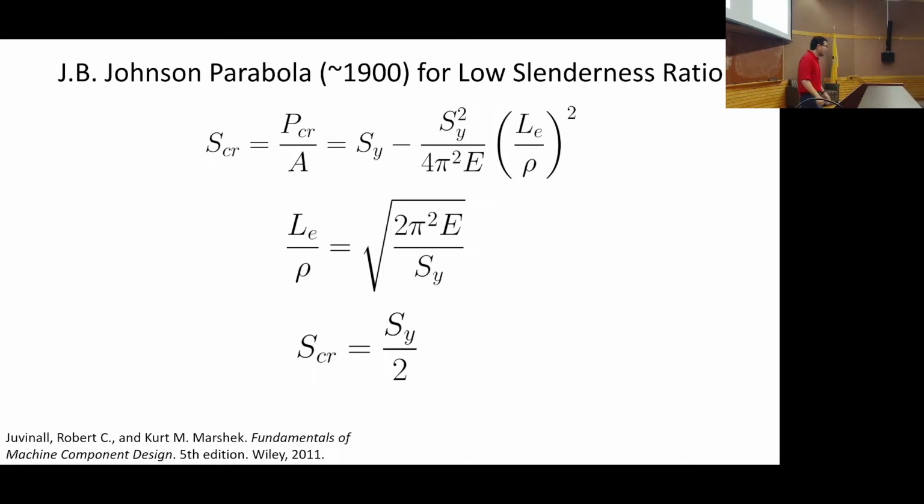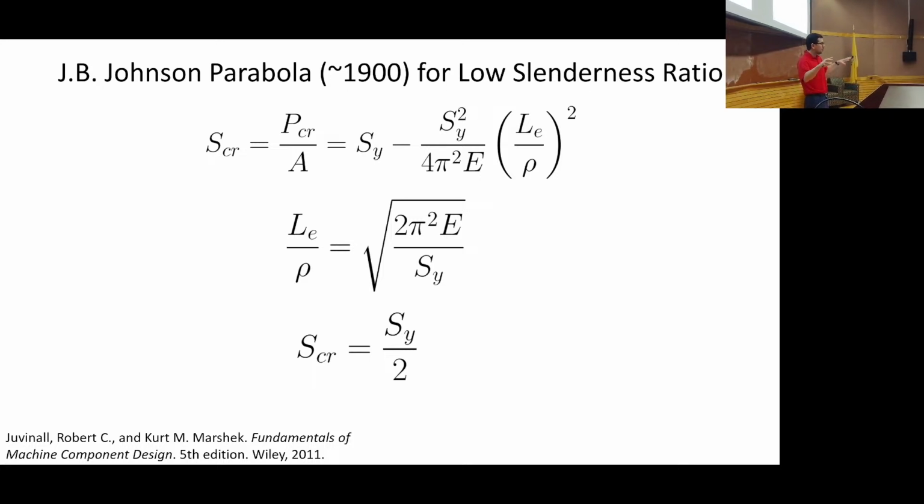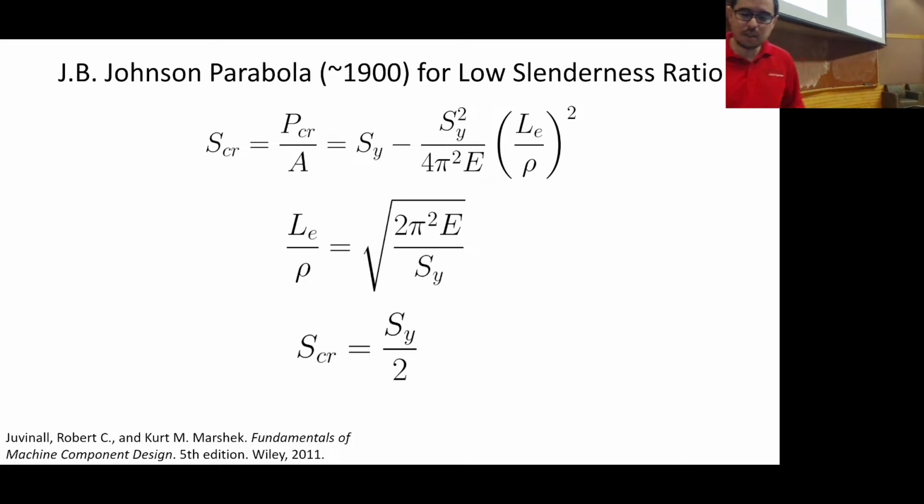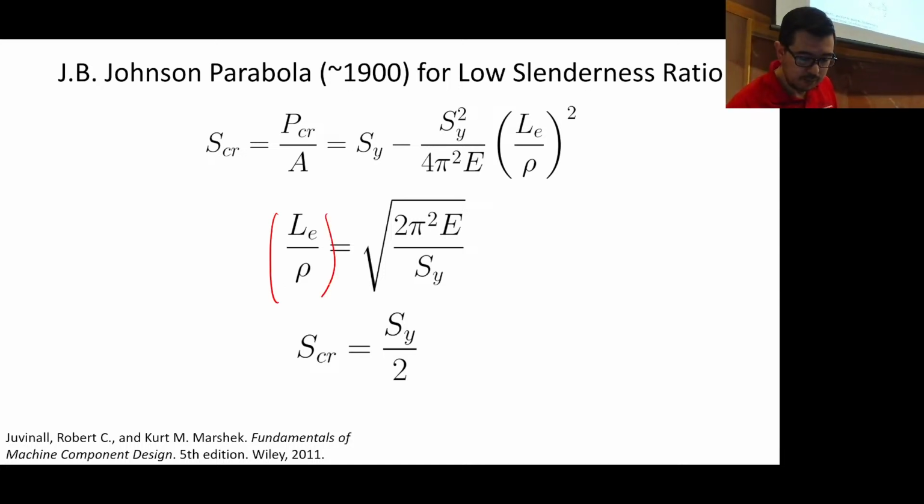But anyway, there becomes kind of this hybrid idea. It's not too slender, it's not too wide. It's kind of in between. And so the Johnson parabola is what helps us describe these behaviors in the in-between category. Here, this is what we'll call the tangent.